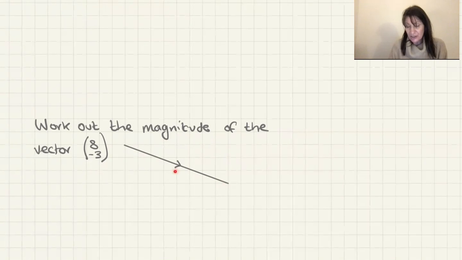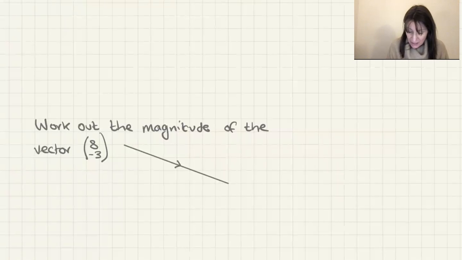I've got the direction on, and the magnitude is the length of this line. And I'm now being asked to work out this edge, okay? But it really is nothing more than Pythagoras. You can't even see a triangle unless you put on the movement of the column vector.